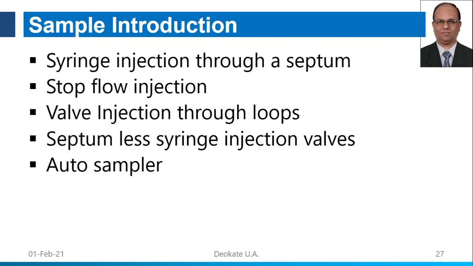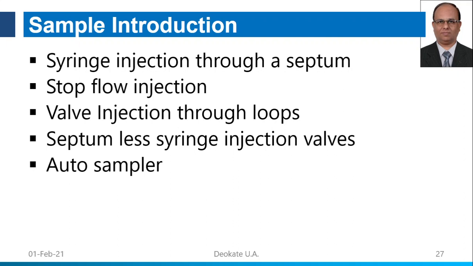The syringe injection through the septum means there are self-sealing septums, and when we inject the hypodermic needle through the septum, it will reseal after the syringe is removed and prevent the loss of pressure. Such a system is known as a syringe injection system.